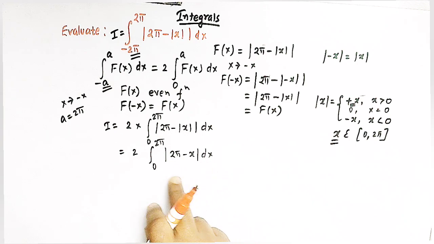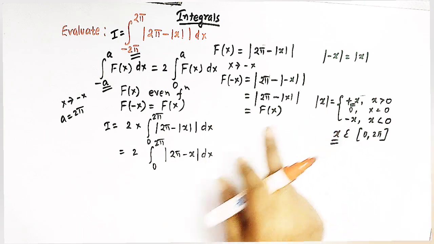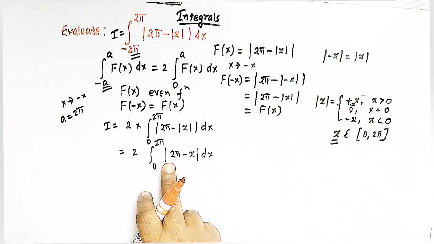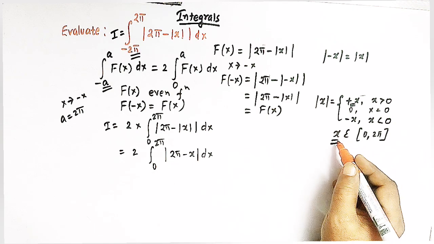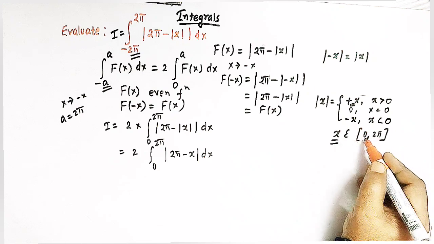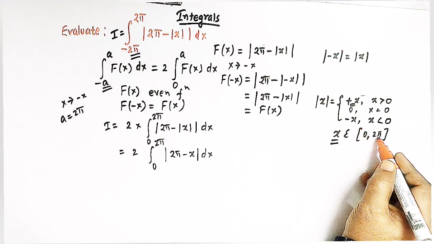So let us again apply the definition of a mod function to mod of 2 pi minus x. Now x belongs to this interval, 0 to 2 pi.